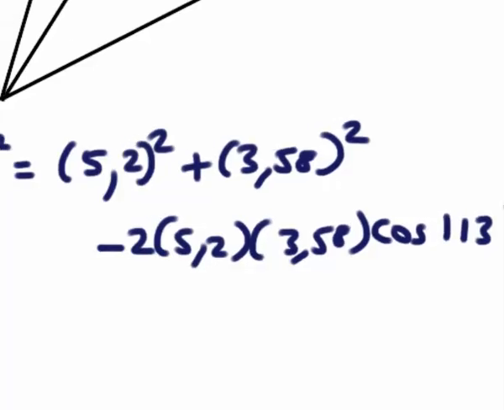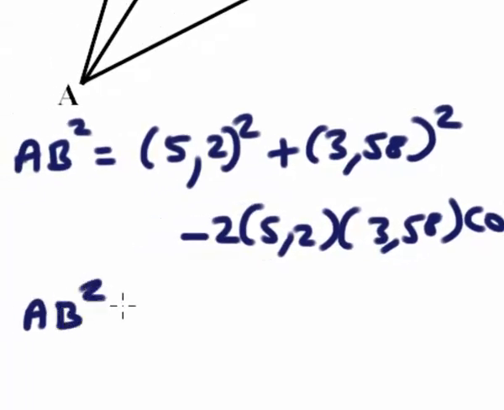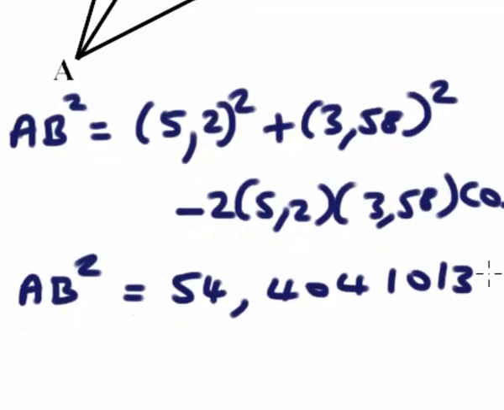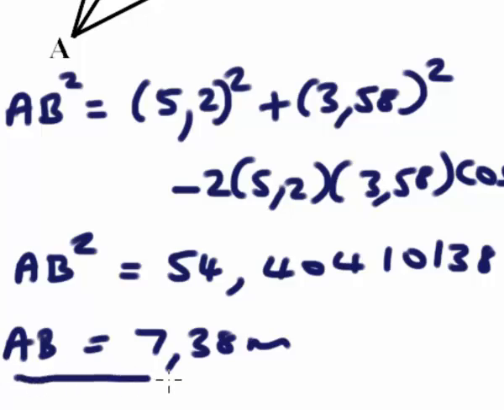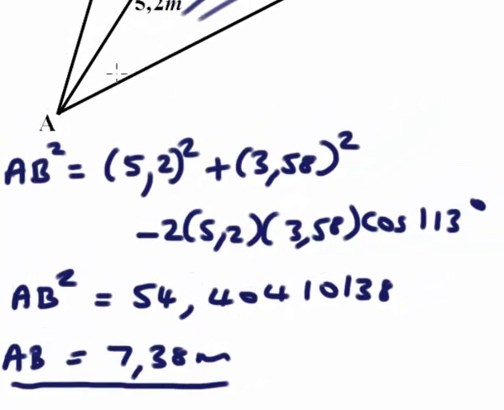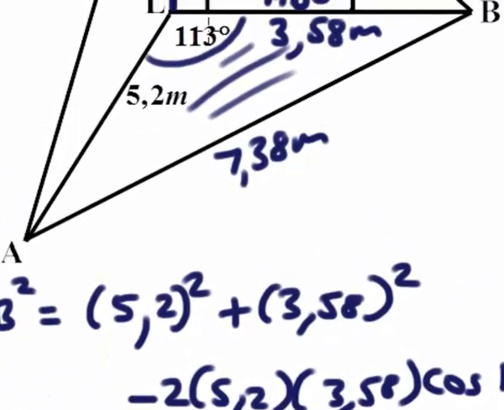If you work that out, AB squared will be something like 54,404,10138. Square root that and you get 7,38 meters. That's the length of AB. Great. So 7,38 meters using the 2 sides and included angle, the cos rule.